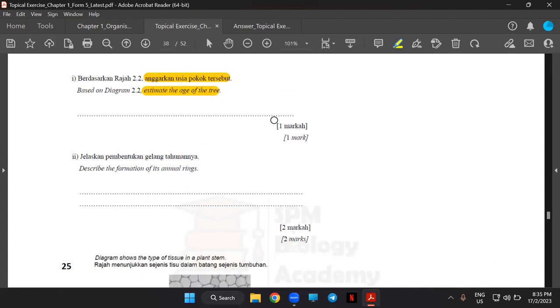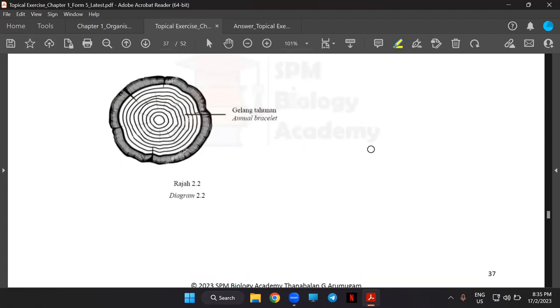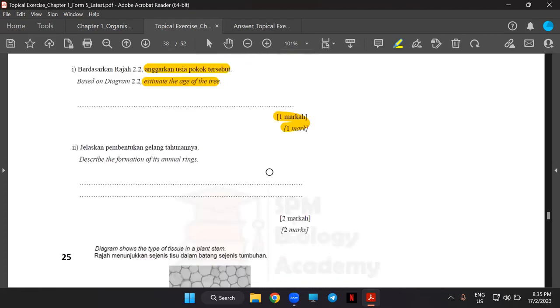Estimate the age of the tree. Satu markah sahaja. So let's count the ring. 1, 2, 3, 4, 5, 6, 7, 8, 9, 10. Jangan lupa kira di bawah juga kena kira. So 10. Maka jawapannya ialah 10 years. 10 tahun.